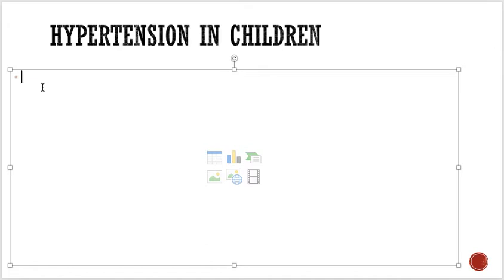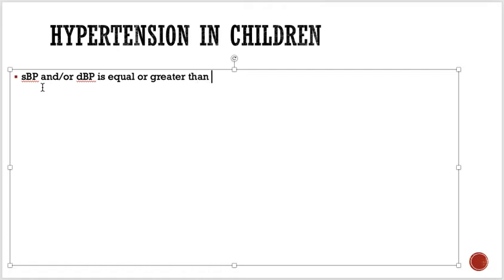Hypertension in children is defined when the systolic blood pressure or diastolic blood pressure is equal to or greater than the 95th percentile for sex, age, or height, on 3 or more than 3 occasions. So see, this is how we diagnose.